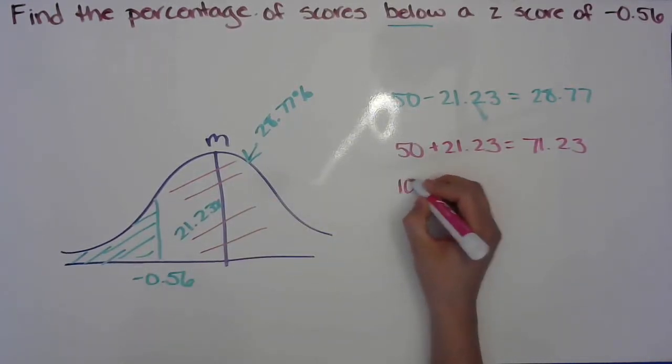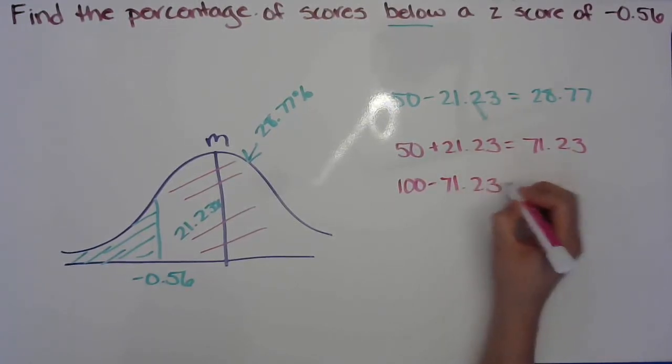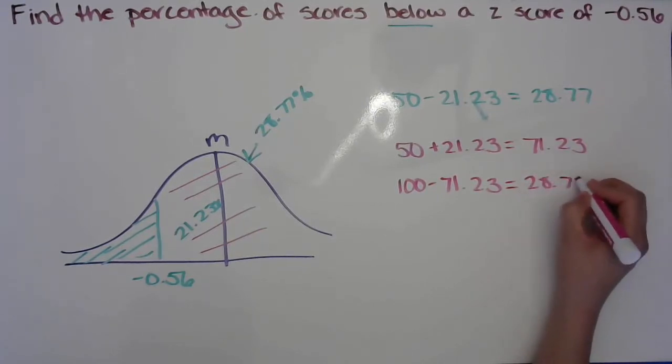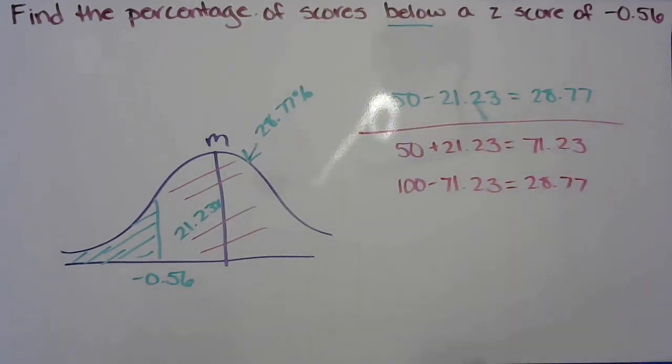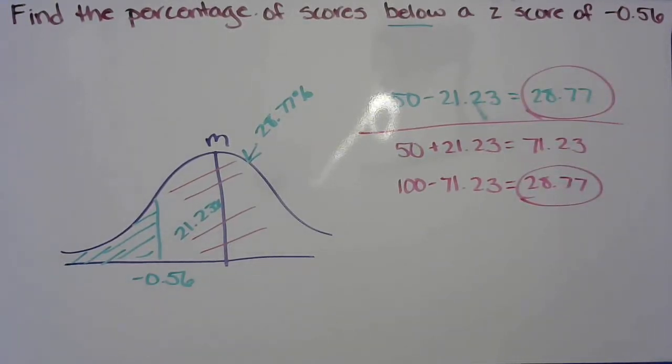So if we take 100 minus 71.23, that is going to give us 28.77. So those are the two different ways in which you can find that. And that is how you do above and below z-scores.